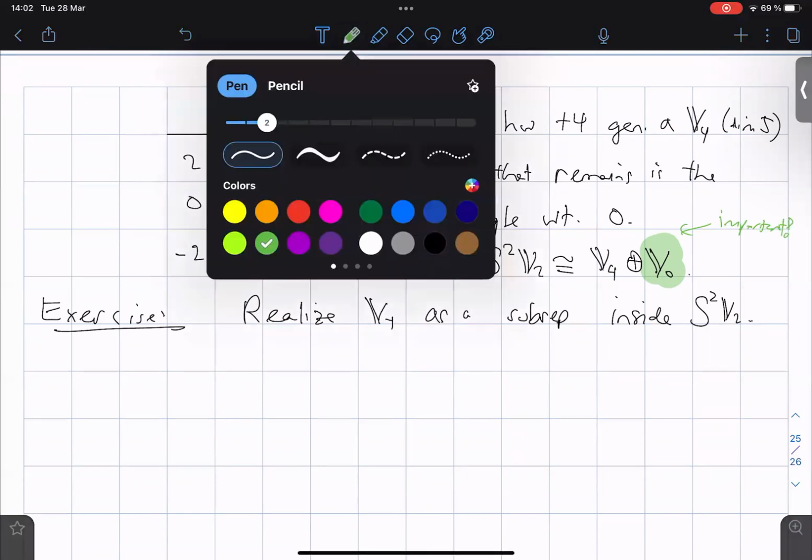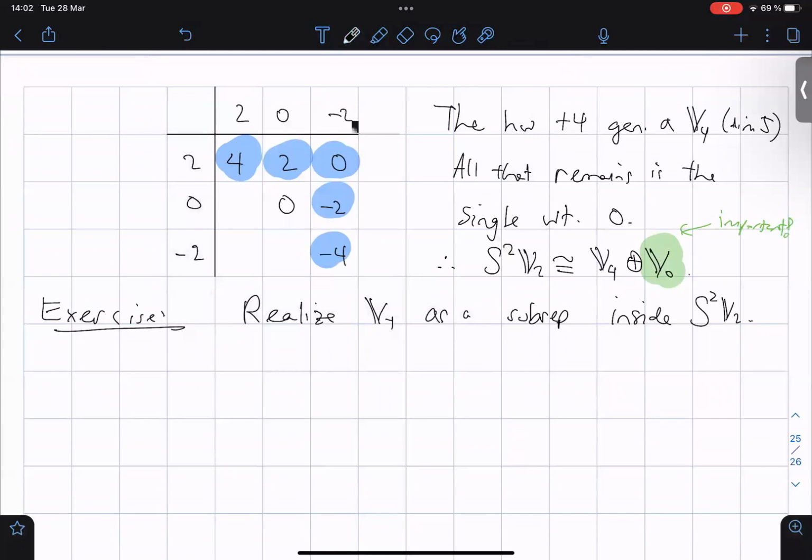So what am I saying? We have S2 V2 star, which is the same thing as S2 V2, which is a V4 plus V0.